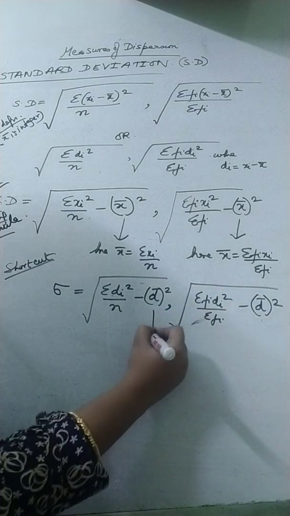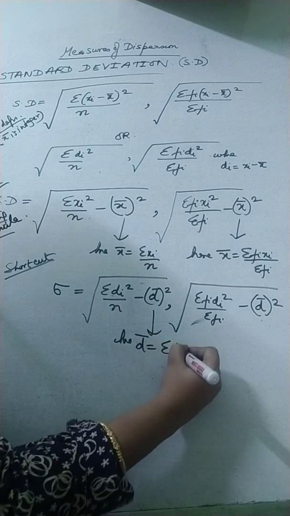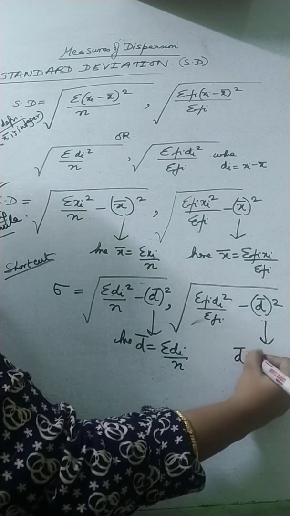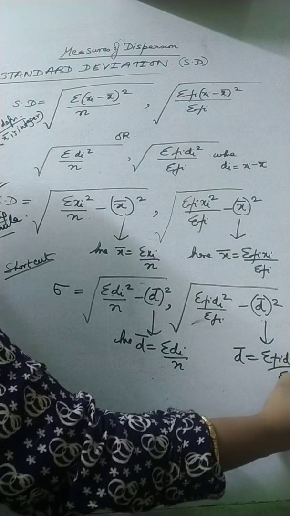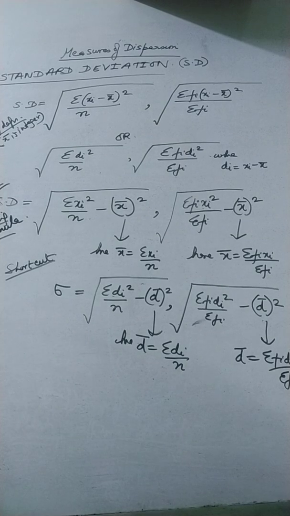What is the difference? As usual, here d bar is simply sum of the d's by total number of values, and here d bar, since frequencies are associated, is summation fi di by summation fi. That is the difference.